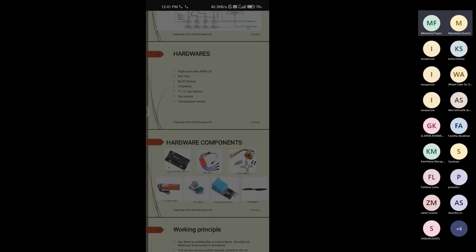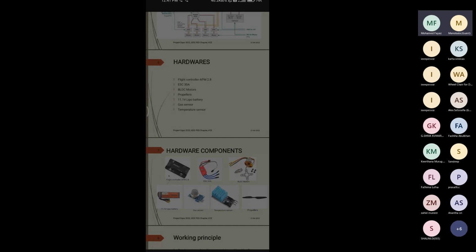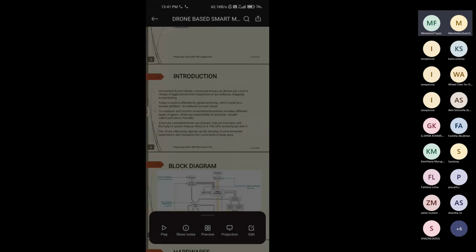Let's explain in detail the second part of our project. Introduction of our project. UAV, unmanned aerial vehicle, commonly known as a drone, is used in a variety of applications from inspection, surveillance, and mapping to monitoring.